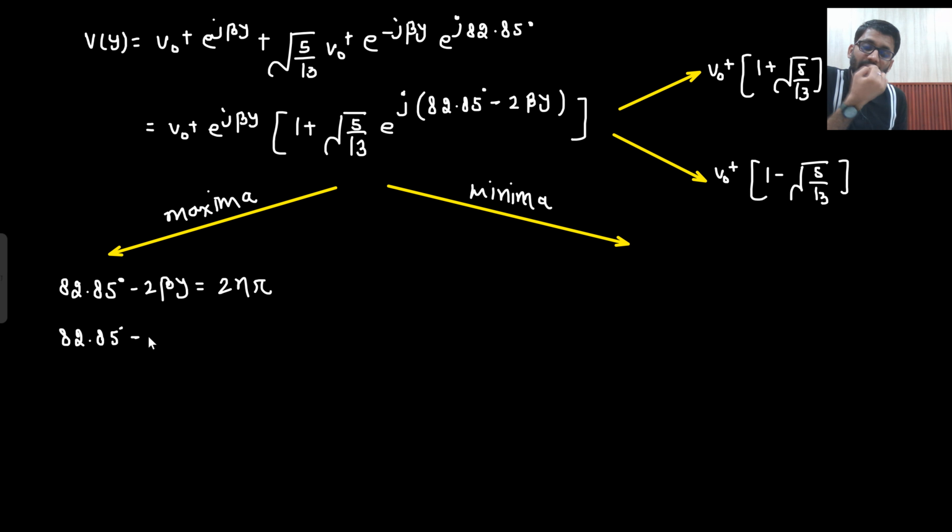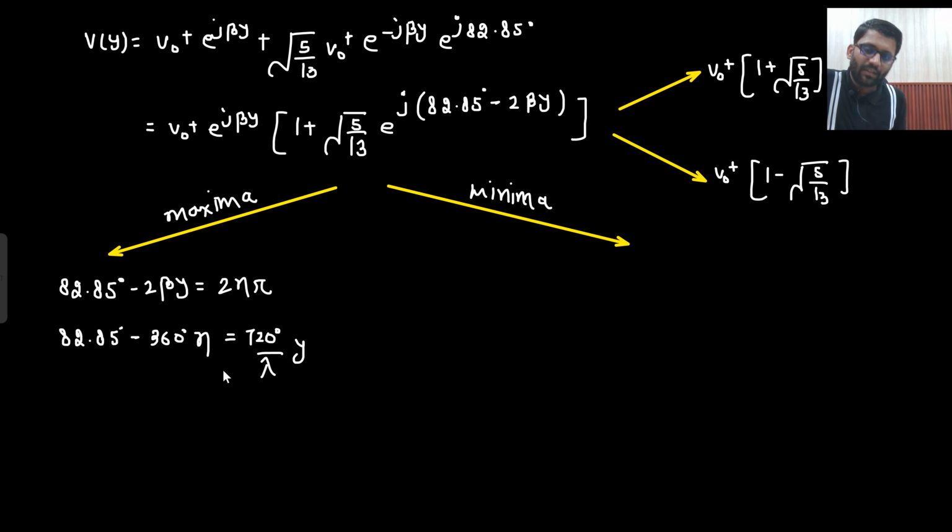If I write it in degrees, 2 pi is 360, so 360 degree n equals 82.85 minus 2 beta y, where 2 beta y is 4 pi by lambda into y. 4 pi is 720 degree, because I am converting everything into degrees, or you can convert into radian as well.